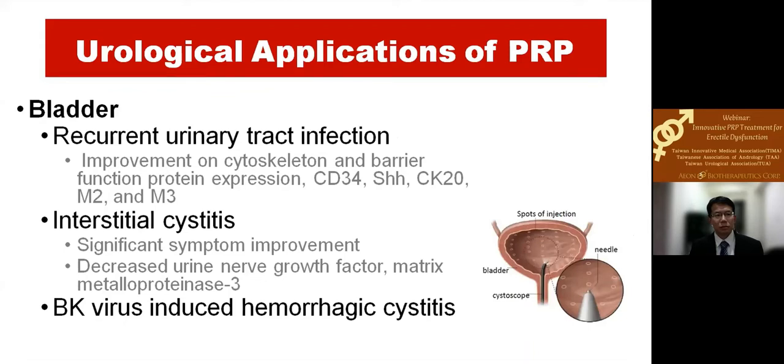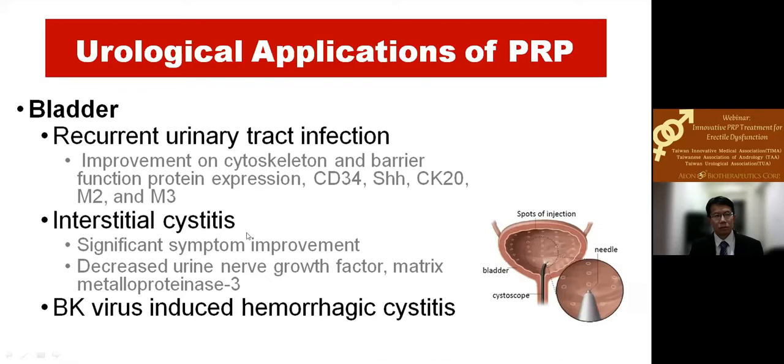In the bladder, PRP could protect the patient from recurrent urinary tract infection. PRP is injected intravesically, like we do to inject botulinum toxin to treat OAB. After PRP injection, there is improvement in the cytoskeleton and barrier, including CD34, CK20, and muscarinic 2 and 3.